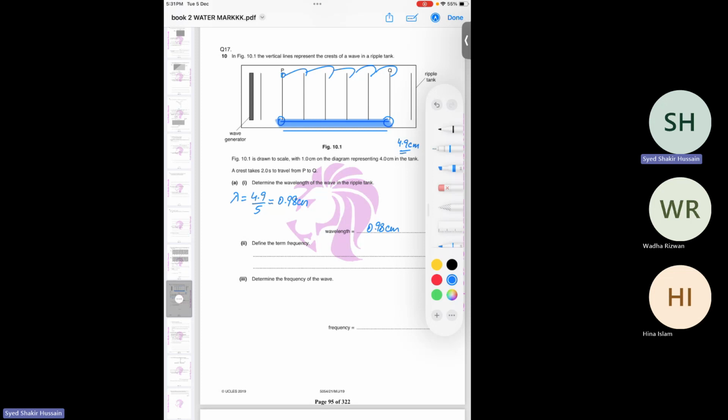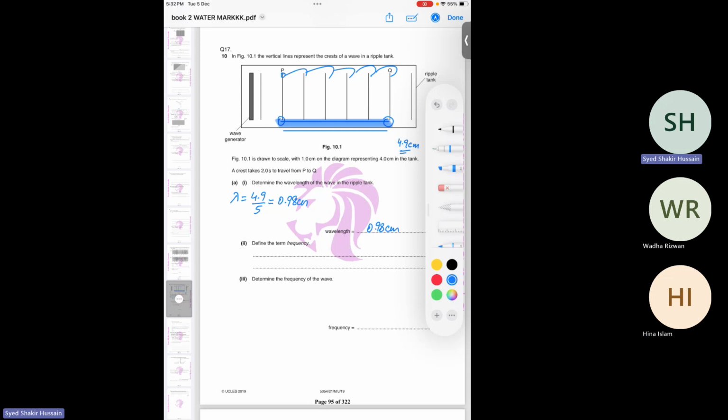How do you define the term frequency? It's the number of complete waves in 1 second. What about you? In what I call it, it is the number of vibrations per second, which is frequency.